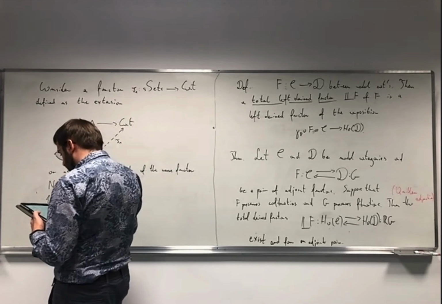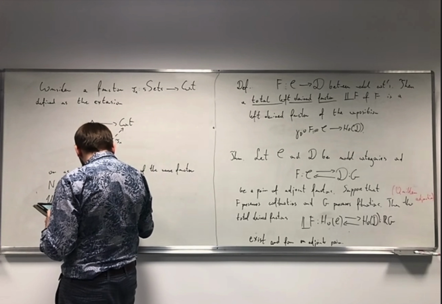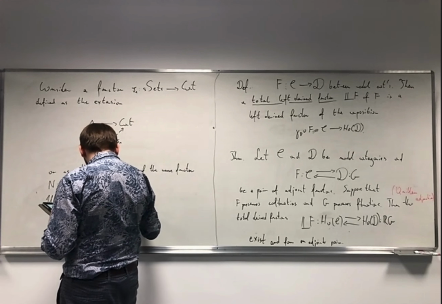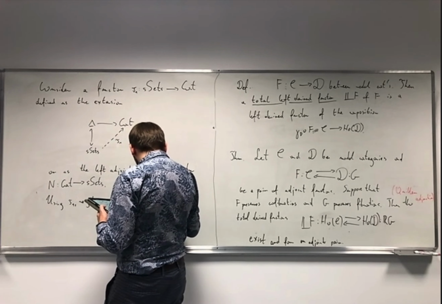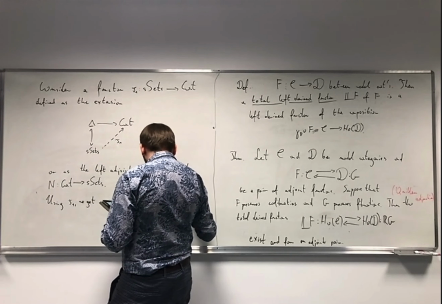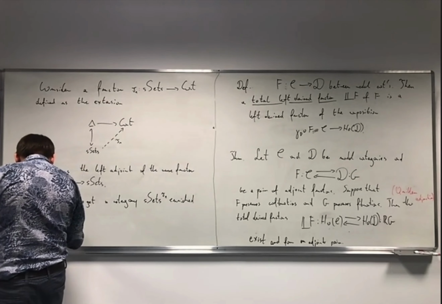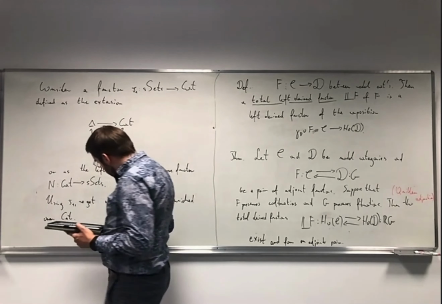So using tau_1, what we get is a category of simplicial sets enriched over the category of small categories.